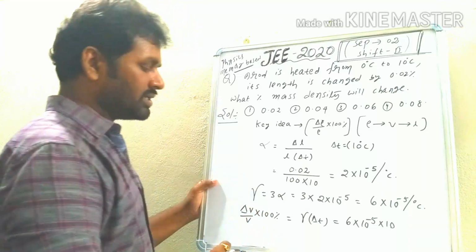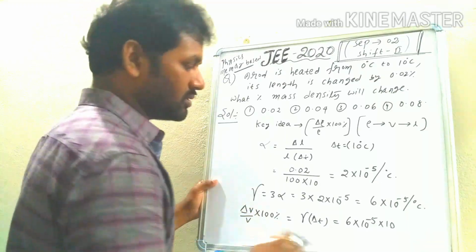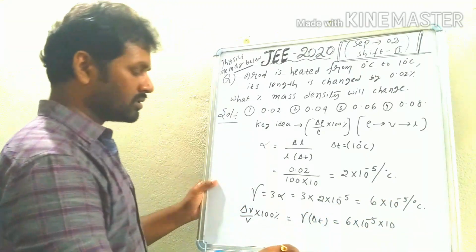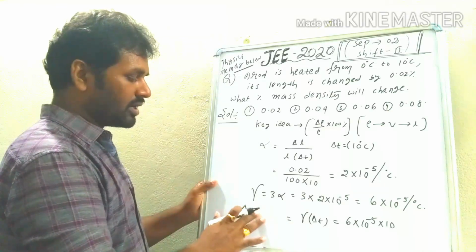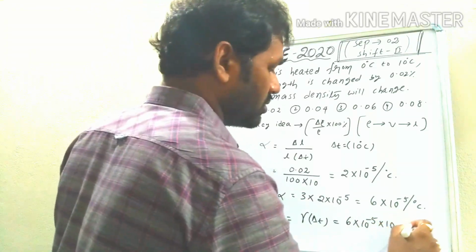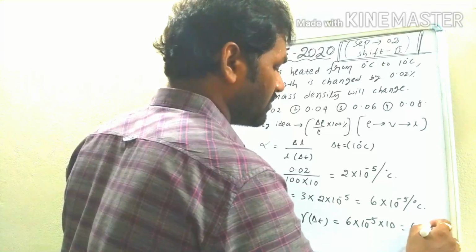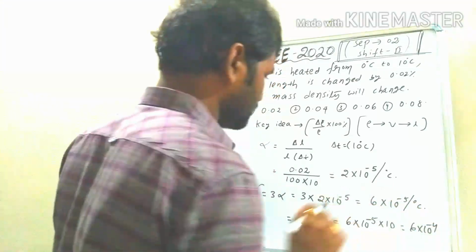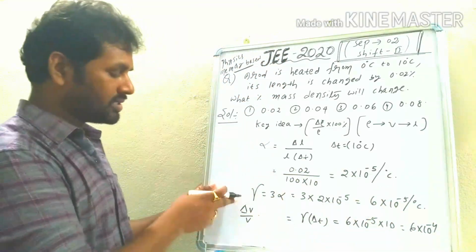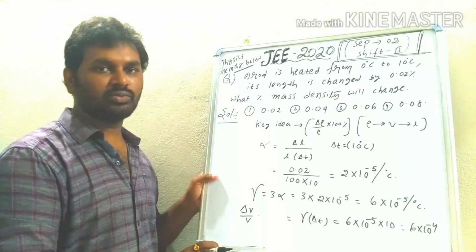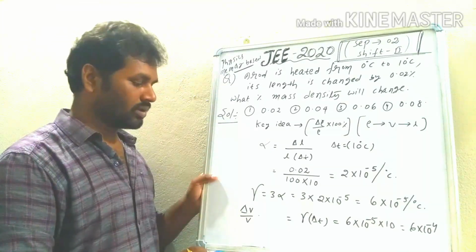In the percentage you can take into 100%. So you can find delta V by V, which is equal to 6 into 10 to the power of minus 4. It doesn't have any unit because it is the fractional change in volume of the rod.